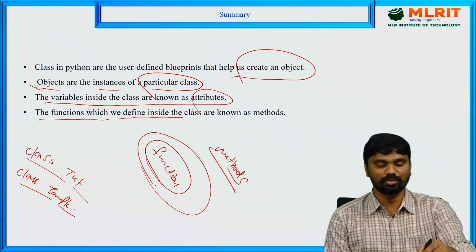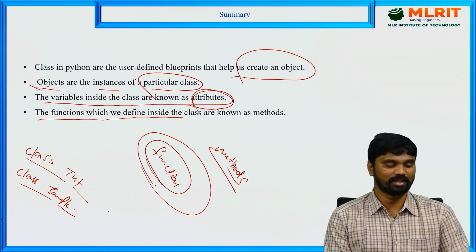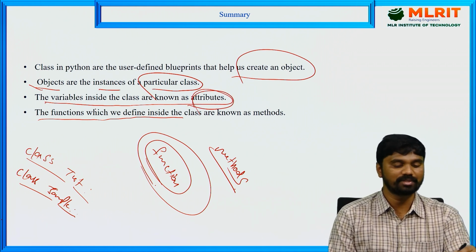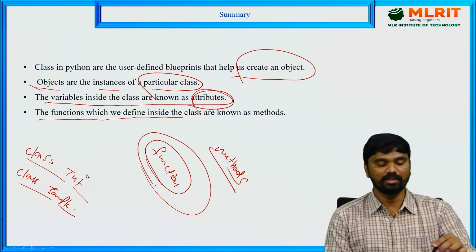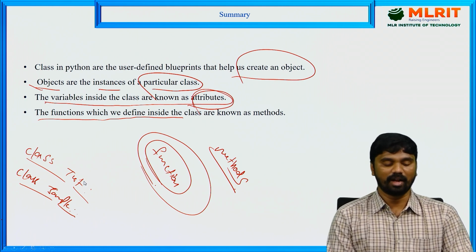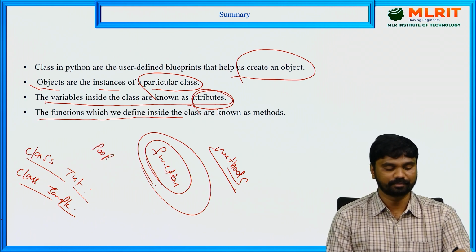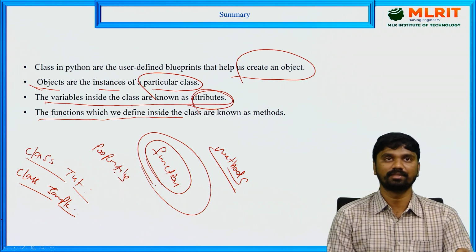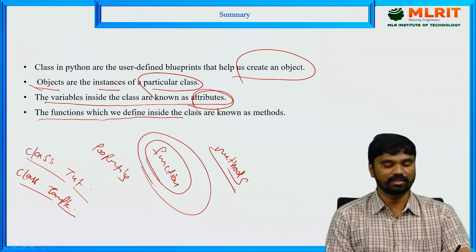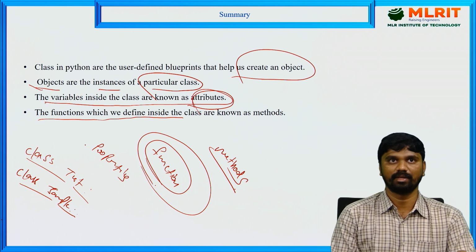So these are the two important statements in summary. The variables inside the class are known as attributes, or properties.